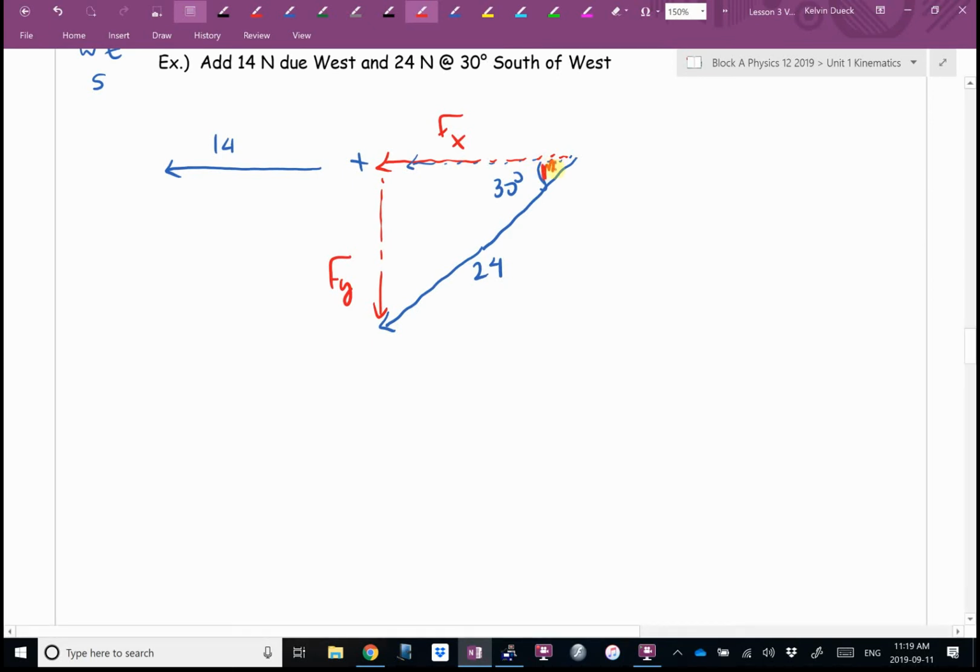Fx, opposite, adjacent, or hypotenuse? Fy. Let's find Fx, which trig function? Oh, I forgot to label it 24. Hypotenuse. Now let's do that. Which trig function? Cosine.